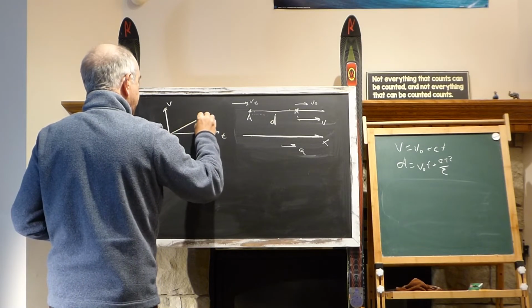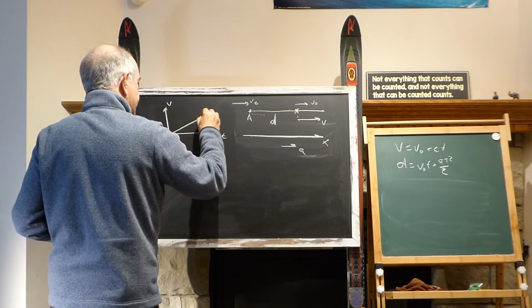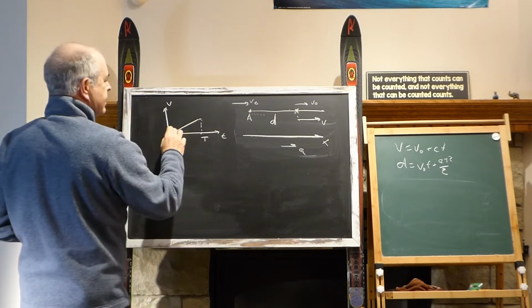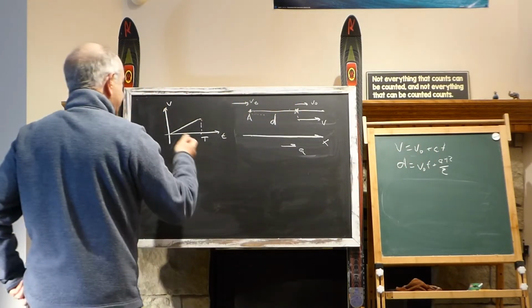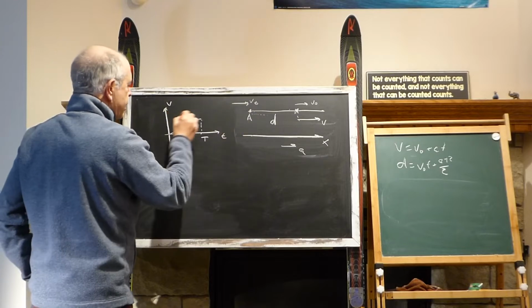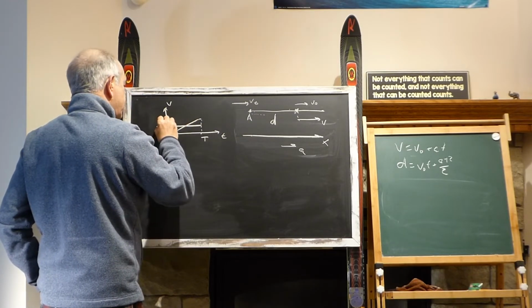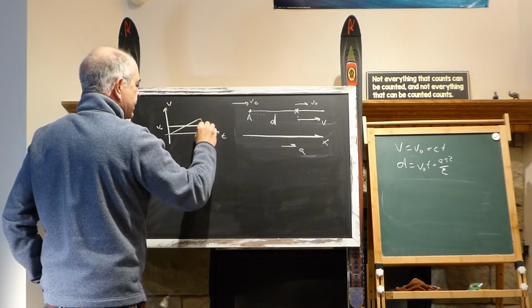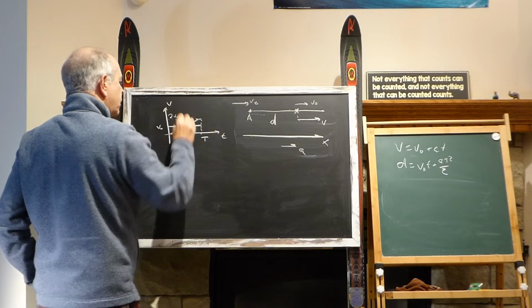This is the car that accelerates, so v equals v0 plus at, and v0 is 0. The bicycle moves like this, so it's v0, and this is double that.